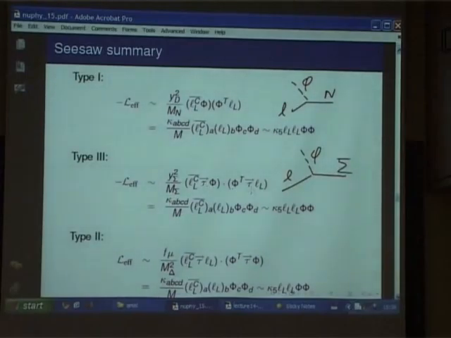So L and phi form a triplet, because there is tau. In type 2, L and L form a triplet. So type 2 therefore looks like this: L with a triplet and phi form a triplet.